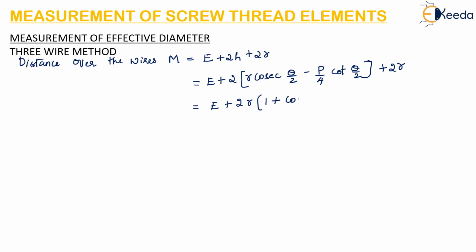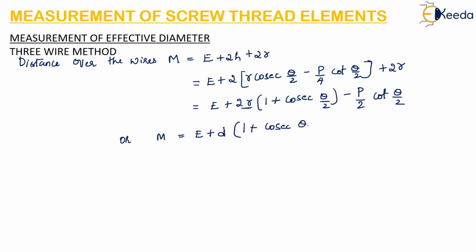So that is nothing but E plus 2r, 1 plus cosec of theta by 2, minus P by 2 cot of theta by 2. Or the value of M can be written as E plus d into 1 plus cosec of theta by 2, minus P by 2 cot of theta by 2.